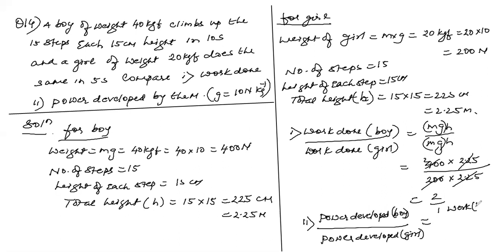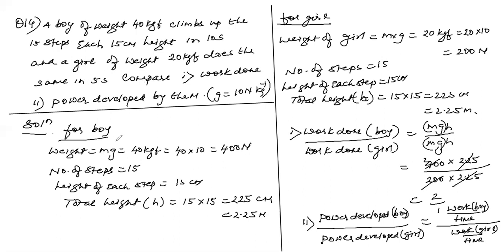Work of boy upon time, divided by work of girl upon time taken by the girl. So what do you see? Okay, the boy takes 10 seconds, whereas the girl takes 5 seconds.